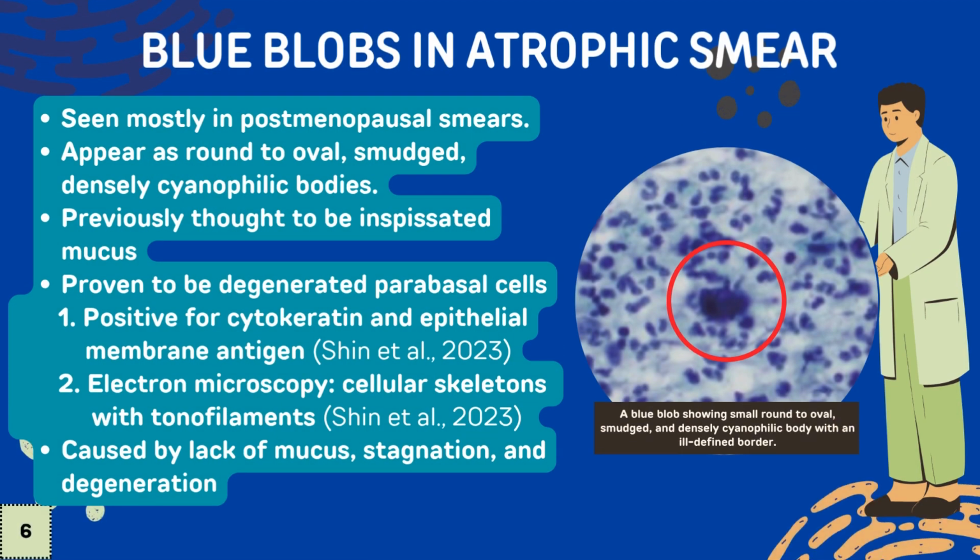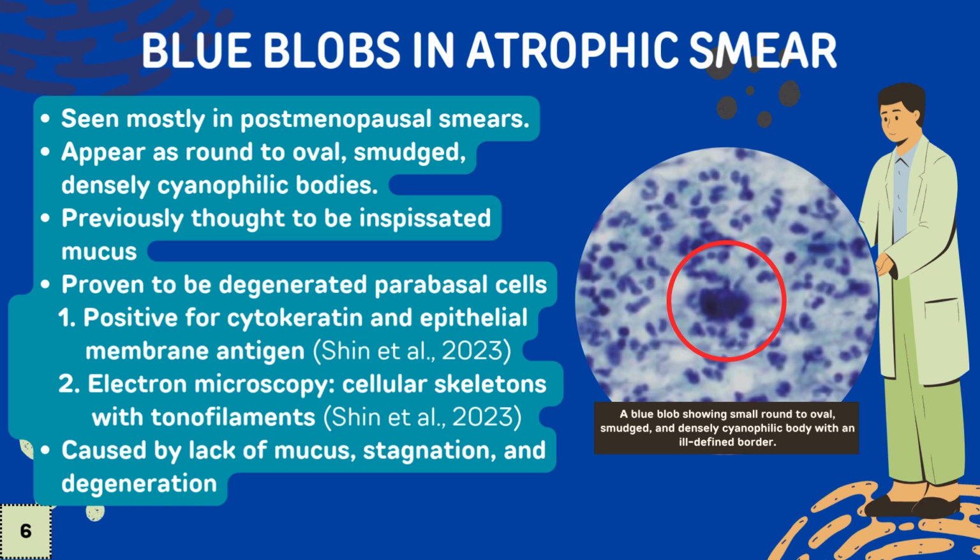Now, let's talk about the blue blobs. Blue blobs are a classic feature of atrophic smears, especially in postmenopausal women. They appear as small, round to oval structures, smudged and densely cyanophilic with ill-defined borders. Blue blobs used to be thought of as mucus, but studies have shown that they are actually degenerated parabasal cells.